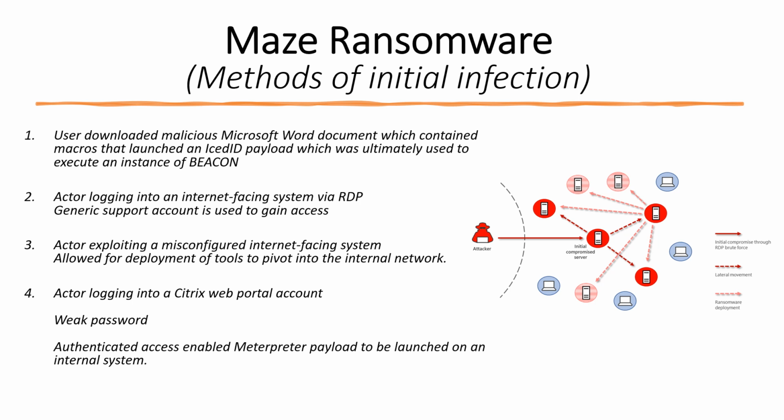A threat actor exploits a misconfigured internet-facing system, allowing deployment of tools to pivot onto the internal network. An actor can log on to a web portal account using a weak password. Authentication access enabled a Meterpreter payload to be launched on an internal system.